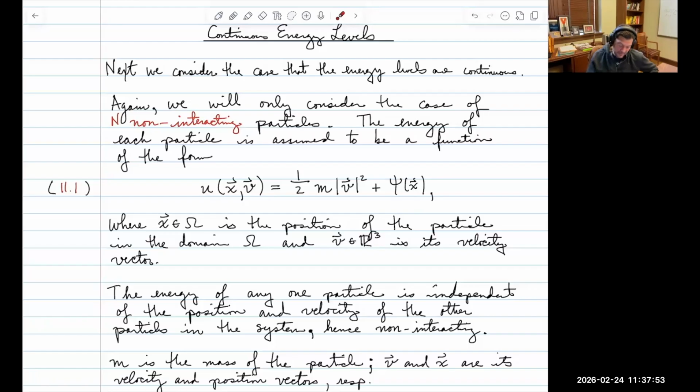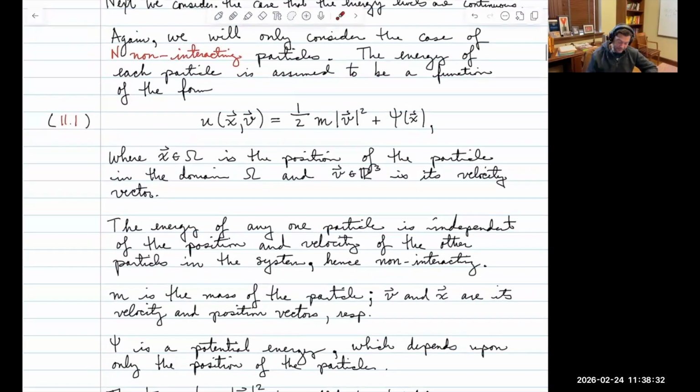The way people sometimes do this is to say the potential energy is exactly zero inside the box, but if you hit a wall, that potential energy shoots up to infinity, and everywhere outside the box, the potential energy per particle is infinity. This is just a way of saying that the particle cannot get outside of the box, and anytime it collides with the wall of the box, it's a perfectly elastic collision that throws it back inside. So that's one way of thinking about this as a potential energy.